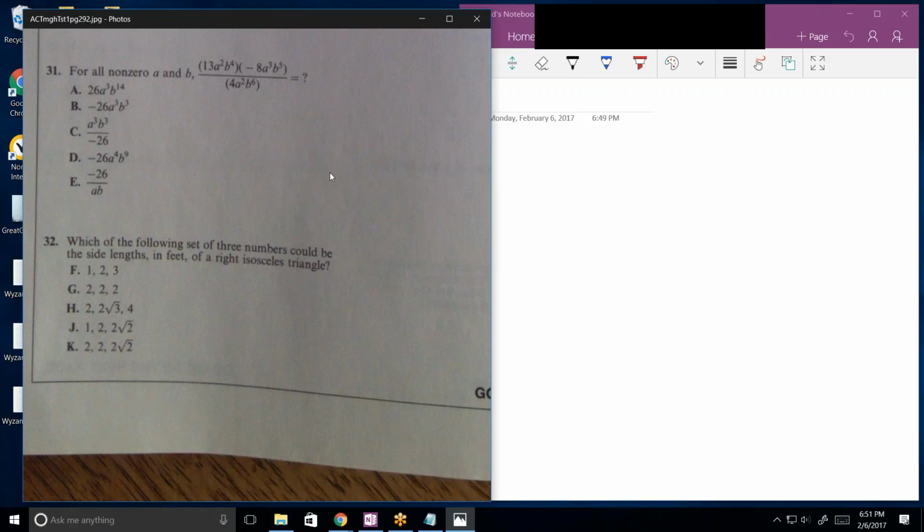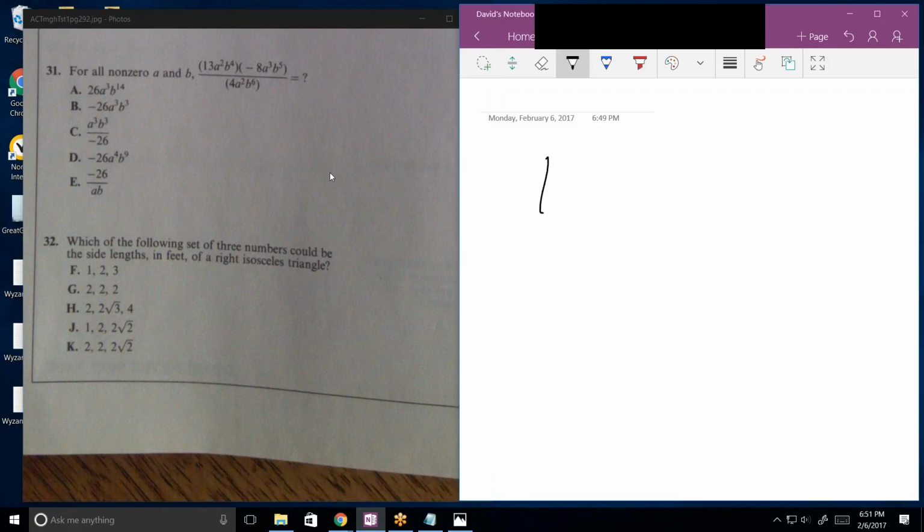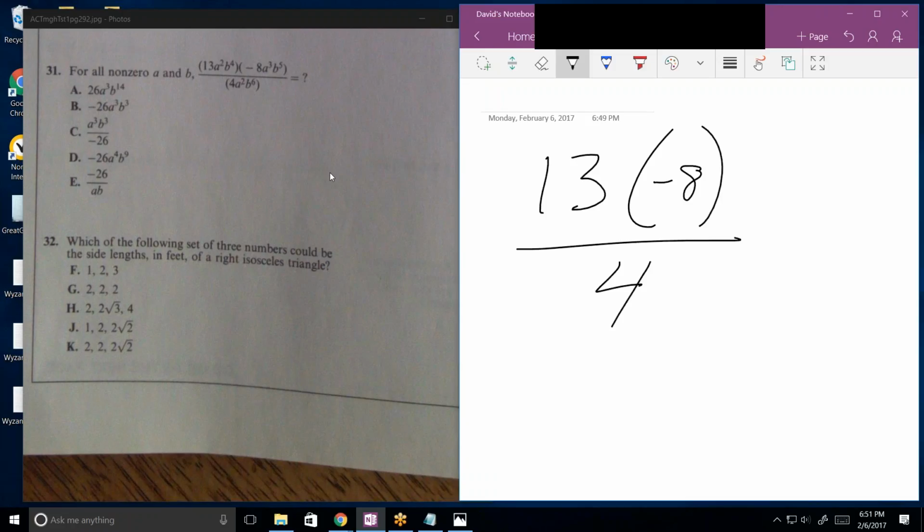Let's make sure you do these properly. The way to do this problem is not to multiply 13 times negative 8. It's to simplify it first. In other words, divide top and bottom by 4. Turns that into a 2, turns that into a 1, and now you know minus 26 is the result. And I didn't need a calculator.